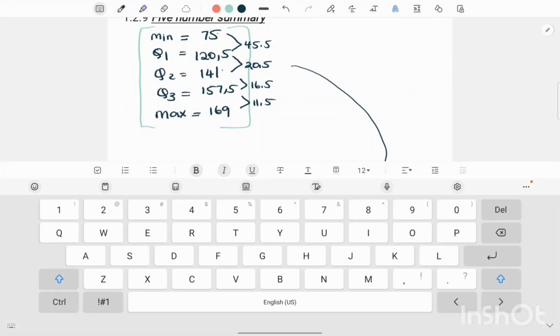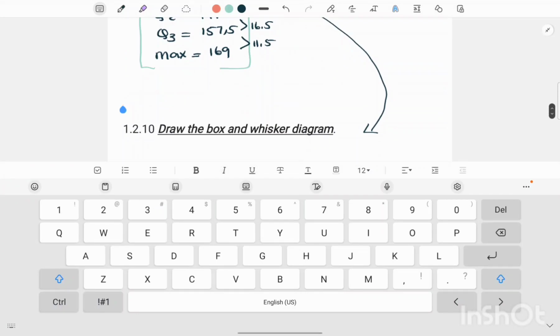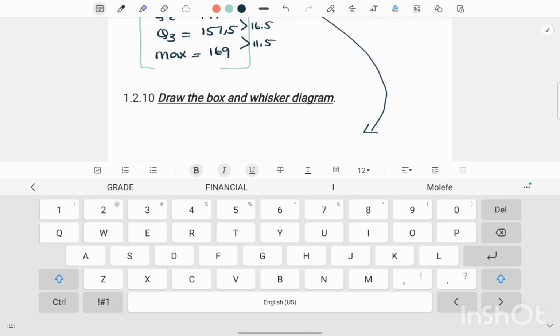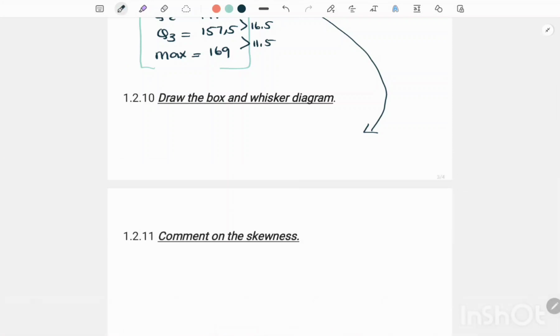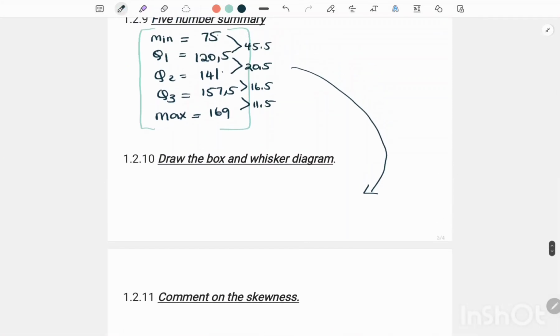Our box and whisker diagram. Alright. Now our box and whisker, you start with the whisker. You start with the minimum. Then the distance here is much bigger, 45.5. You just skip some space, then you estimate, oh, it's my 45. Then you start with your Q1. It must be smaller than that one.